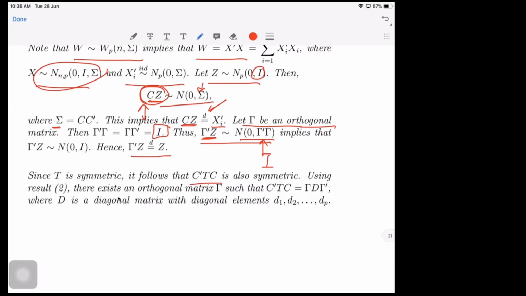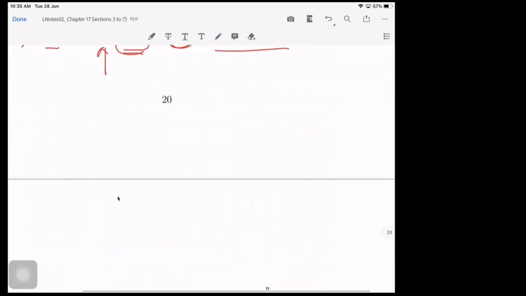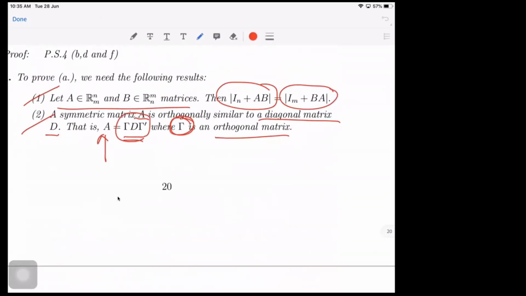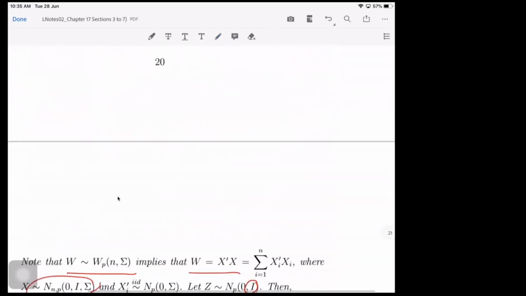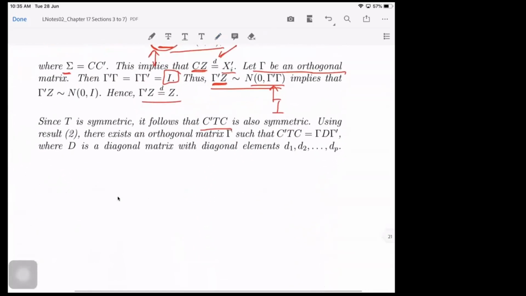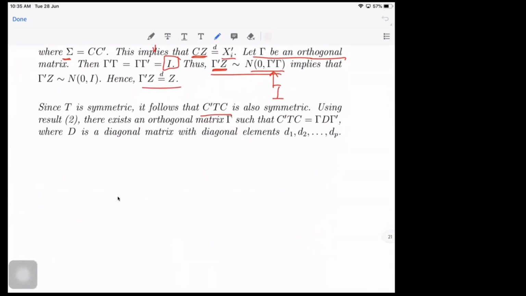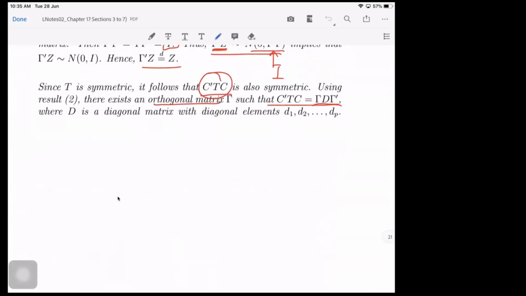And using our result earlier, we can always find an orthogonal matrix to make it equal. So there exists an orthogonal matrix such that we can write this as a function of D. So this is our whole matrix.